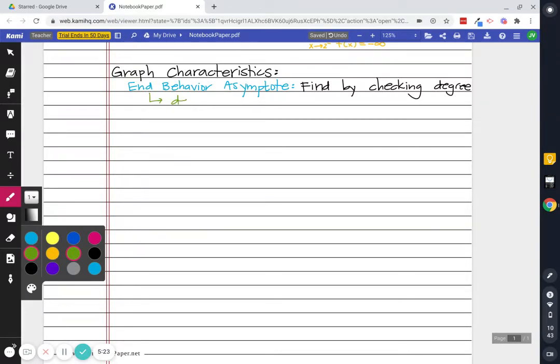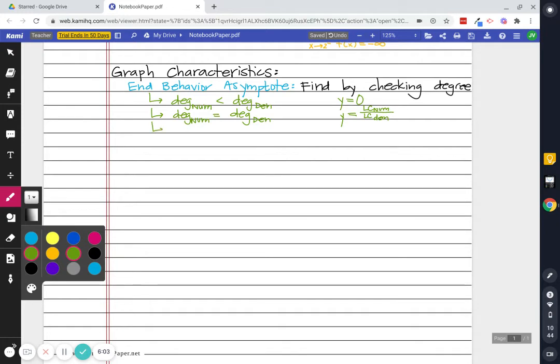If the degree of the numerator is less than the degree of the denominator, in other words, if the largest exponent in the numerator is smaller than the largest in the denominator, you have an end behavior asymptote of y equals 0. If they are equal, our asymptote comes from a fraction. We take the leading coefficient of the numerator and divide it by the leading coefficient of the denominator.